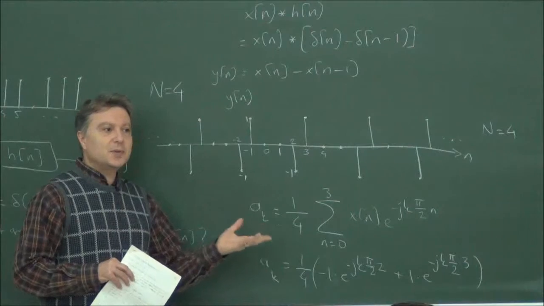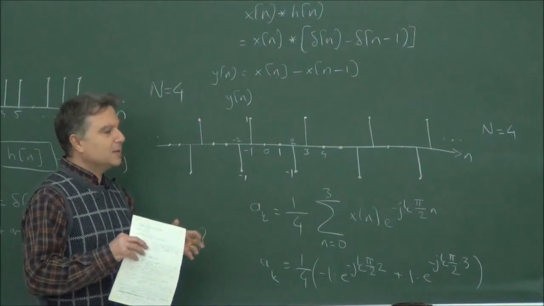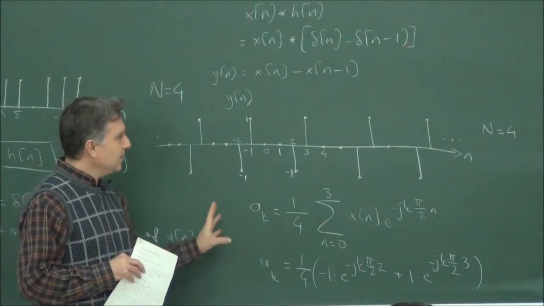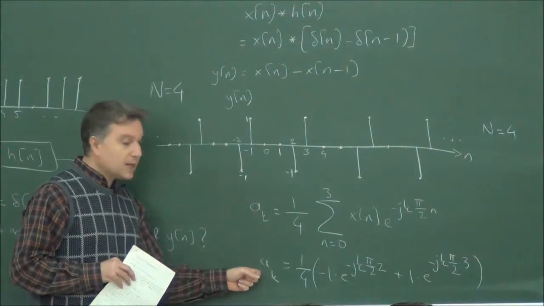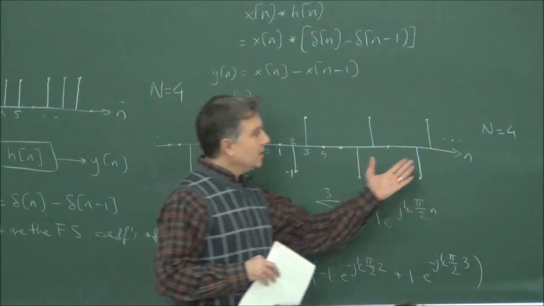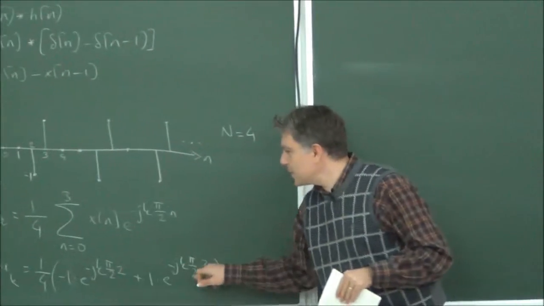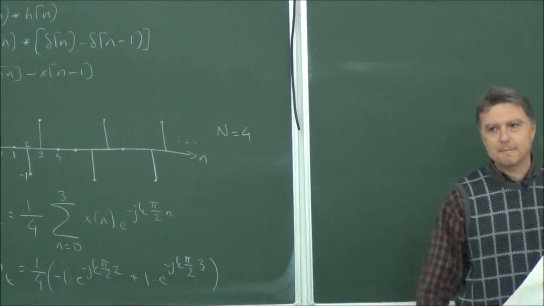If it's periodic with N over 3, it's also okay, because it automatically makes everything periodic with N. So please check this. The Fourier series coefficients must be periodic with the period of the signal. And that is usually satisfied by complex exponentials or sinusoids, as I say.